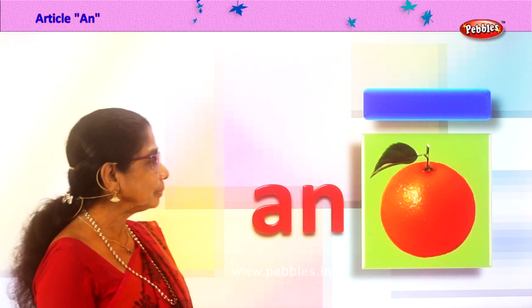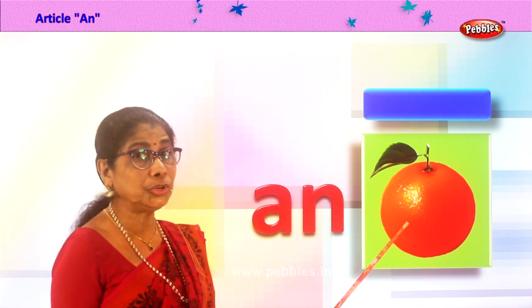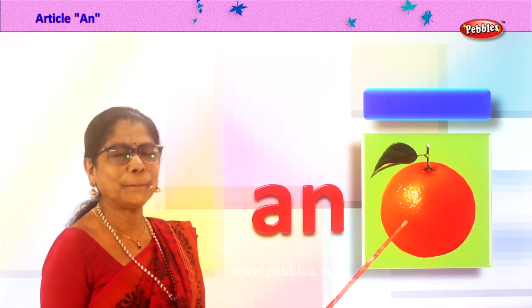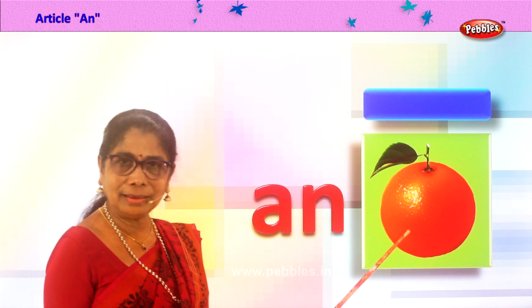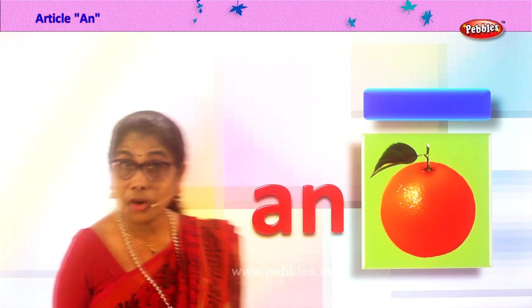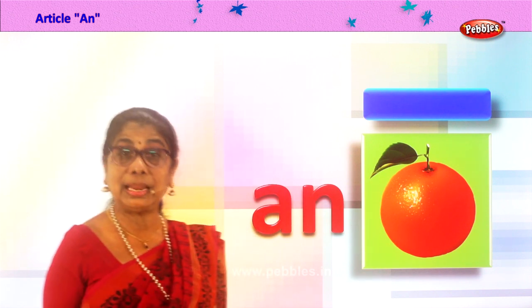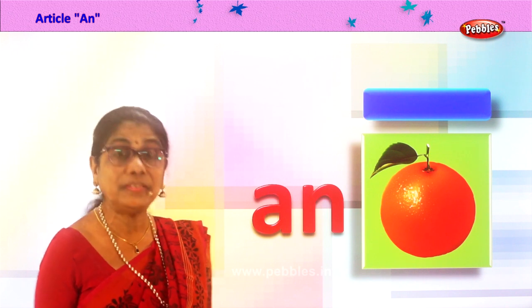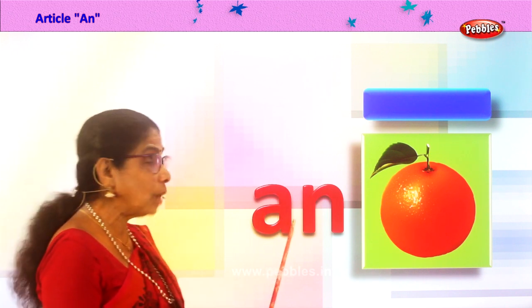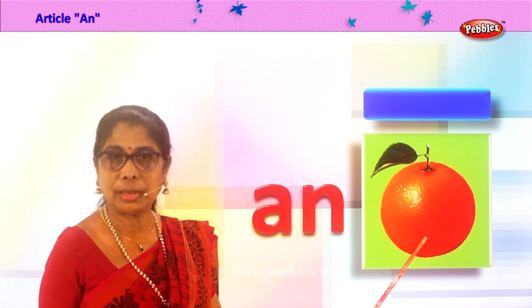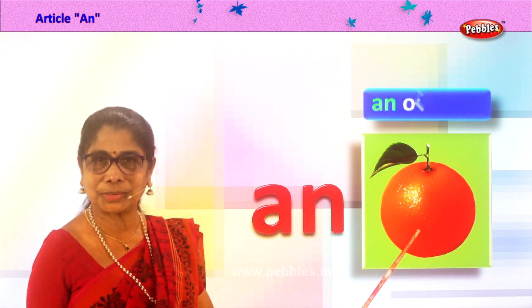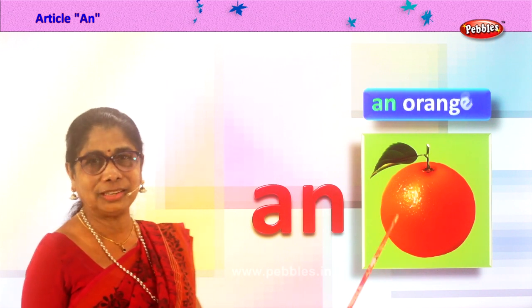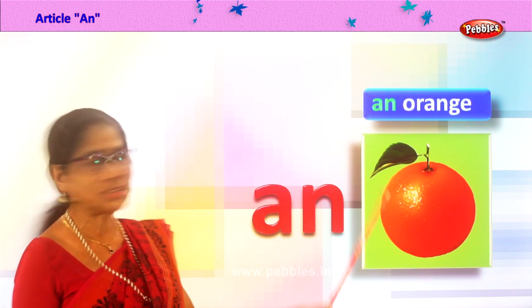Look. You love this, I'm sure. Juicy, yummy. It's a color and a fruit. What is it? Orange. Orange begins with letter O, which is a vowel. So we read it as an orange. Please get me an orange. I love to eat an orange.